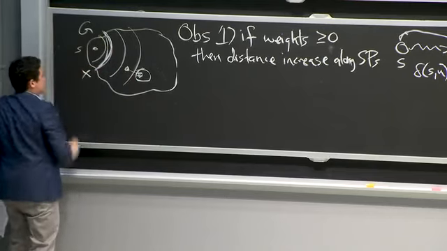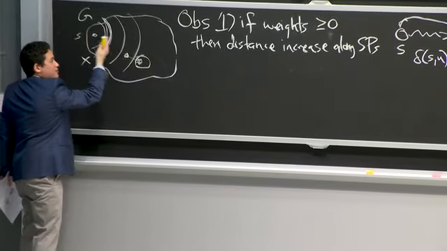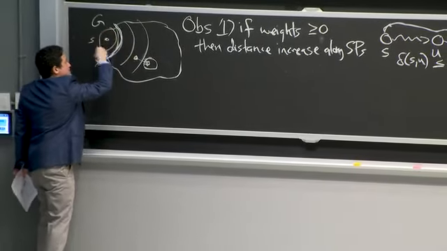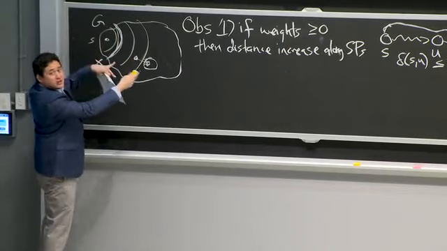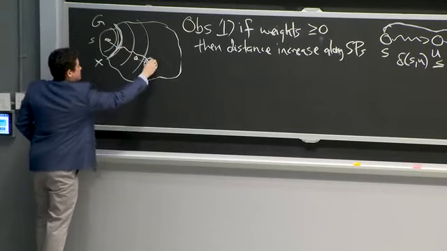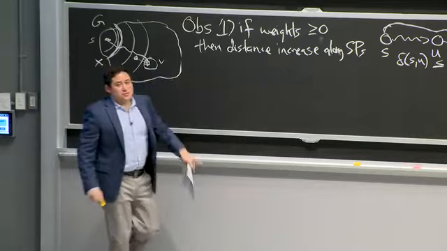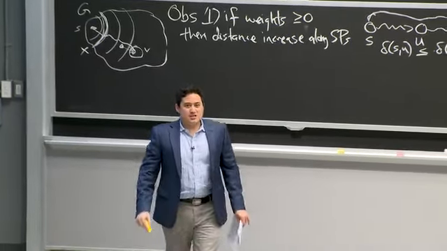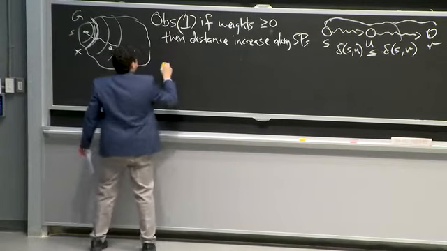Maybe if this distance is x, this guy could be within x. The things that are within distance x of S might not be all contained. There could be a path from here to this other vertex with distance x that doesn't have this property, because I could decrease in distance along the path. Okay, so that's the first observation. Second observation.